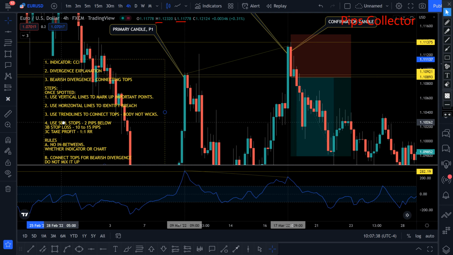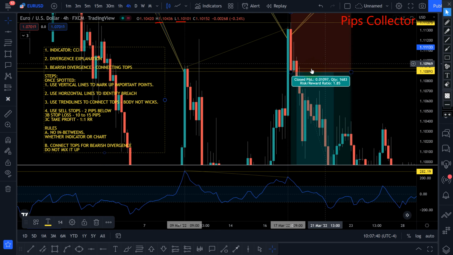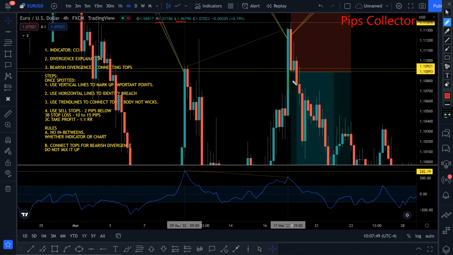So as you can see, we are below our confirmation candle. So this is now our activation candle because it's the candle that activated us into the sell trade.